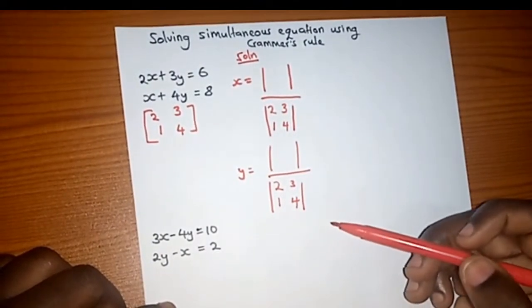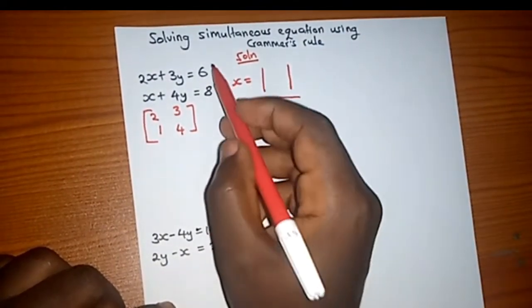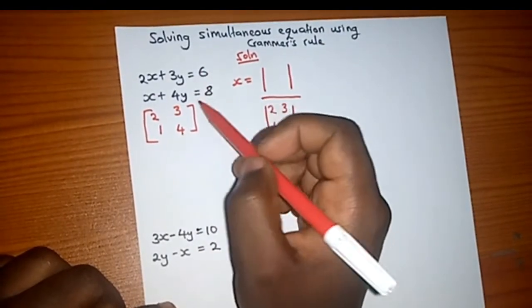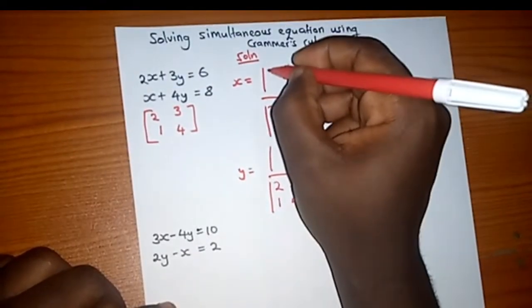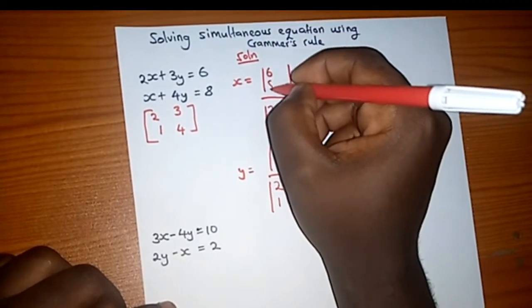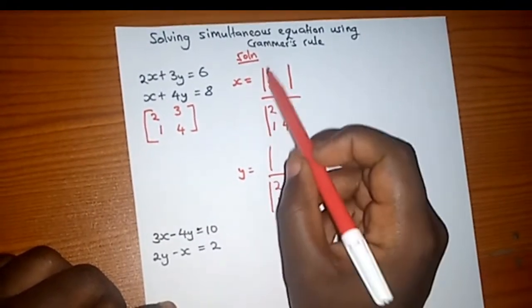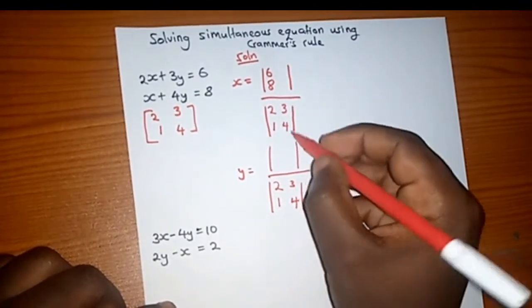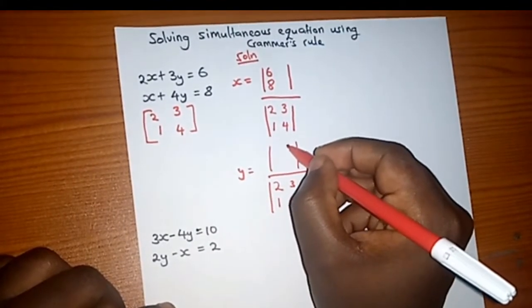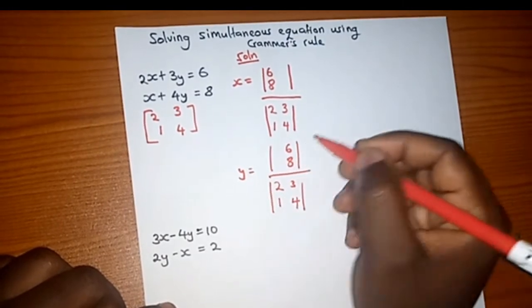Yes. So if we continue, now here we have 6, 8. Now for 6, 8, you're going to first write it here, 6, 8, because this is the x value. Then for the y value, you write it in the y side, 6 and 8.